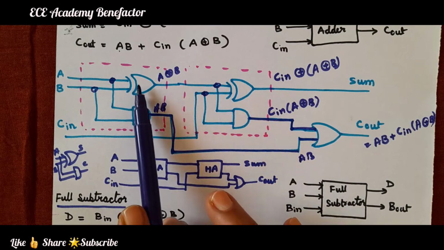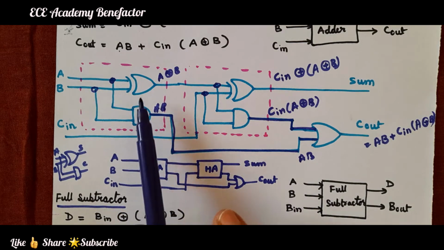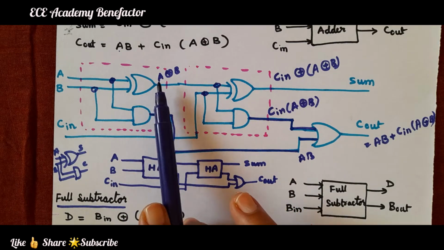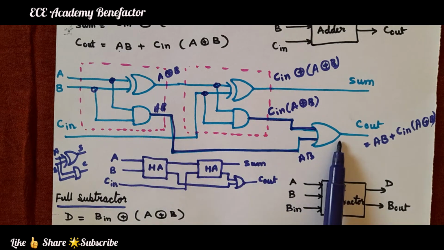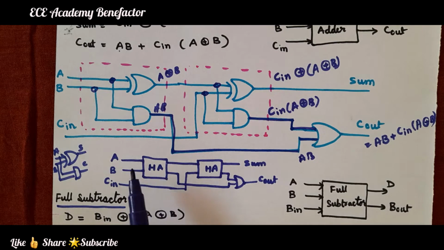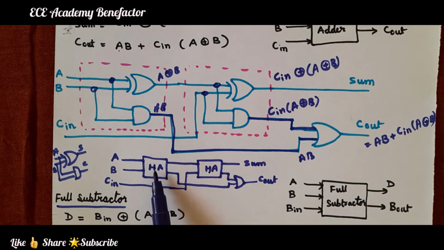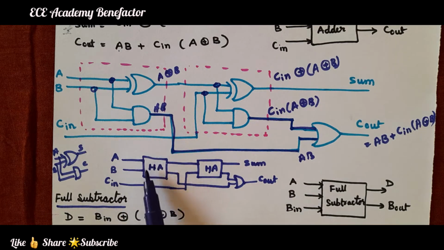What is a half adder? It comprises one XOR gate and one AND gate. So, two half adders and their C out are connected to an OR gate. In terms of block diagram, we can draw it like this: two half adders, each comprising an XOR gate with an AND gate. Inside, we have three inputs A, B, C in.